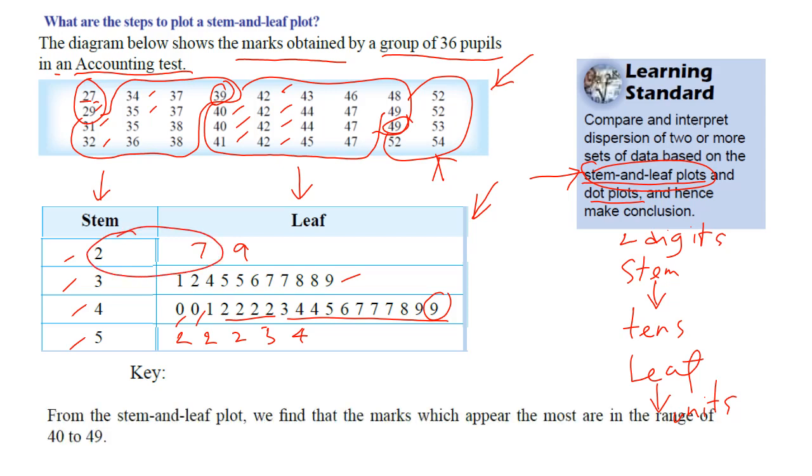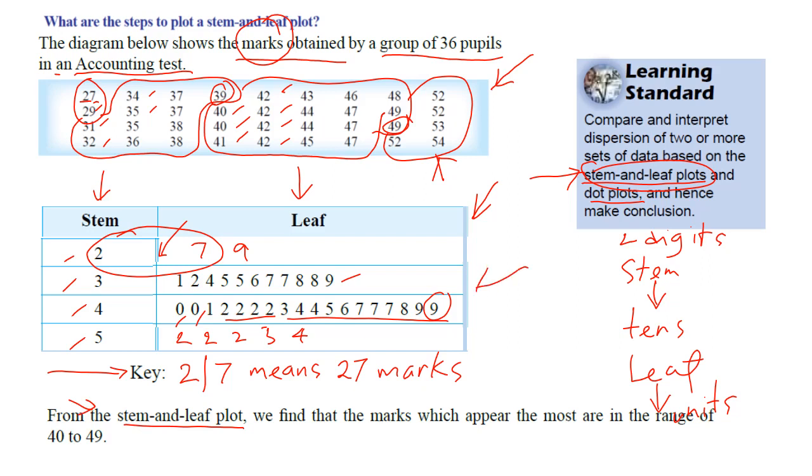You write 2, and then this border 7, means 27. 27 what? 27 marks. This is very important. You have to write the key. And this is how you interpret from the stem and leaf plot.